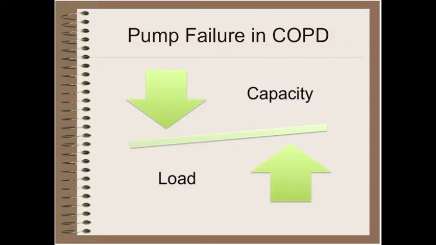Coupled with that, this can cause tiring, and the capacity decreases further, hyperinflation increases, and load increases further. And this is conceptually a way to think about pump failure in COPD.